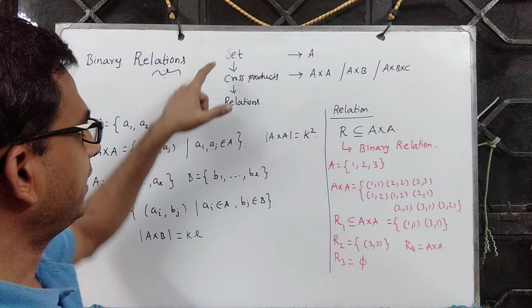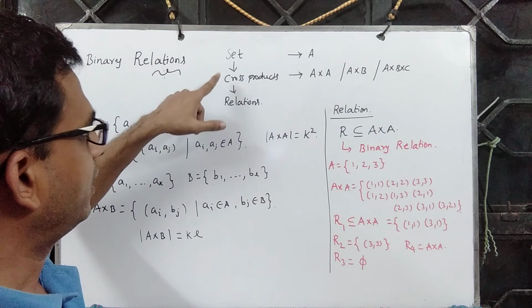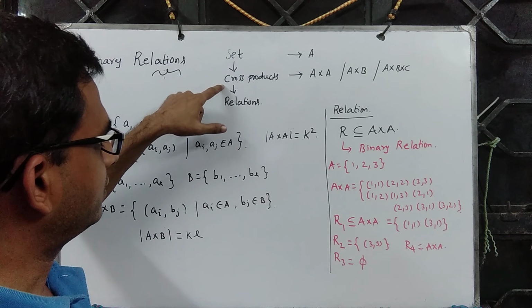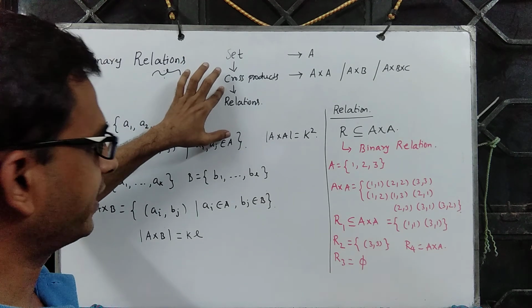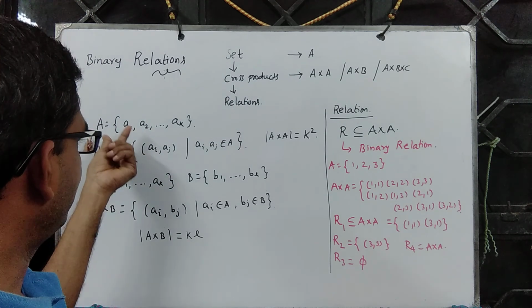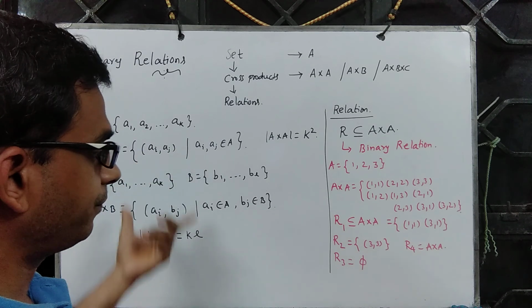So given a set which is a discrete structure, and because we work with discrete sets, the next discrete structure with respect to discrete set is cross product, which is also a set, and set consisting of elements, whereas cross products consist of pairs.